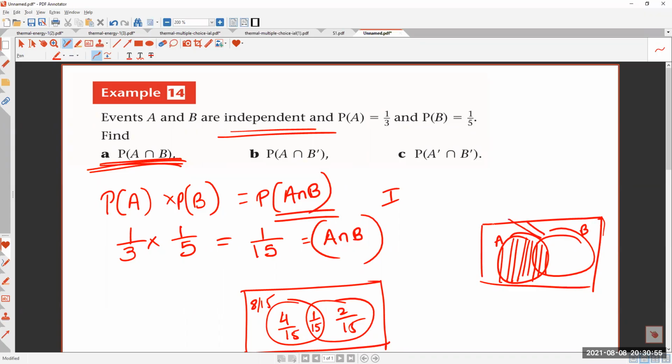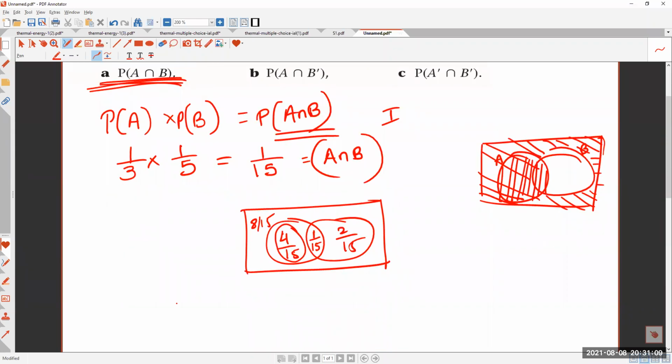B complement means everything except B, it will come inside A too, but it will not go into B. I will not touch B. Okay, this part is 4/15. Okay? So A intersection B complement, what are we getting according to this? 4/15. Clear?